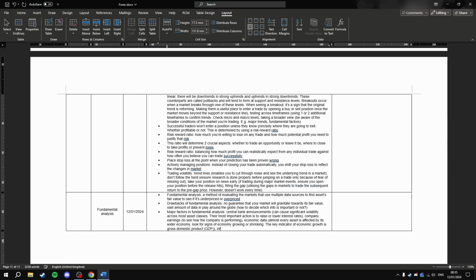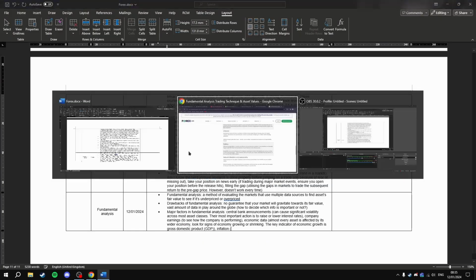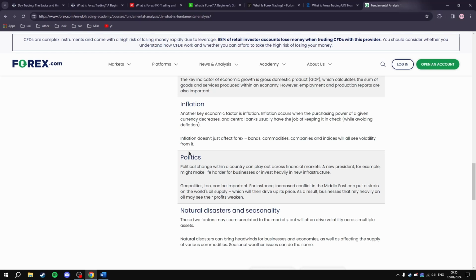Inflation. Another key economic factor is inflation. Inflation occurs when the purchasing power of a given currency decreases, and central banks usually have the job of keeping it in check whilst avoiding deflation.